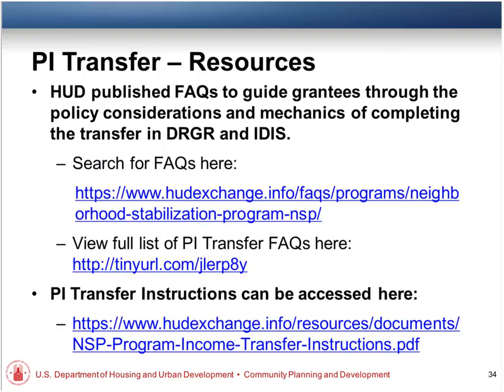As we mentioned before, there is a list of program income transfer FAQs, but there are also many NSP-related FAQs available on the HUD Resource Exchange. If you go to this link here, you can search for all kinds of things you might be thinking about related to NSP and see if there's already an answer out there for you on the website. In addition to that, we're reposting here this link to the PI transfer instructions.